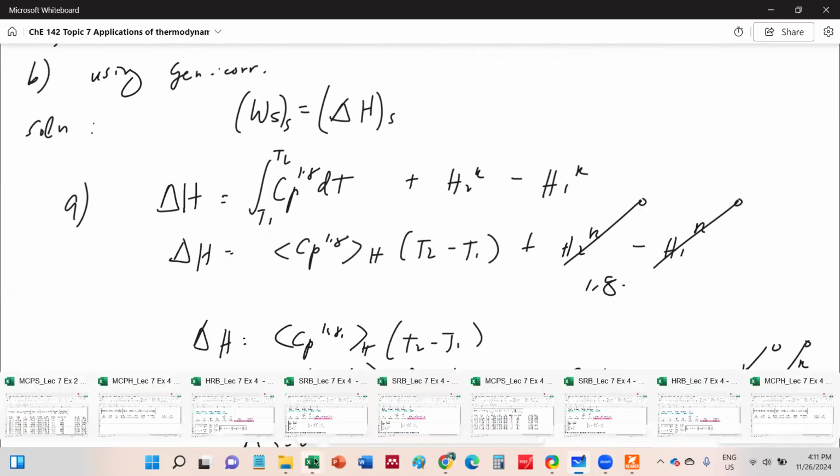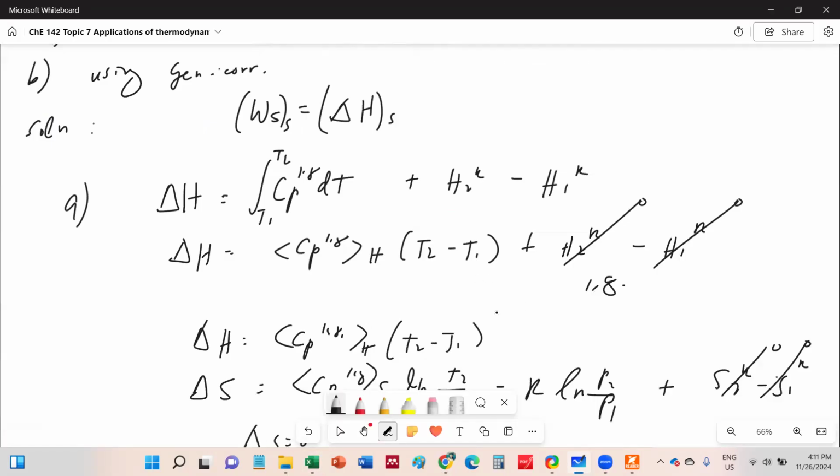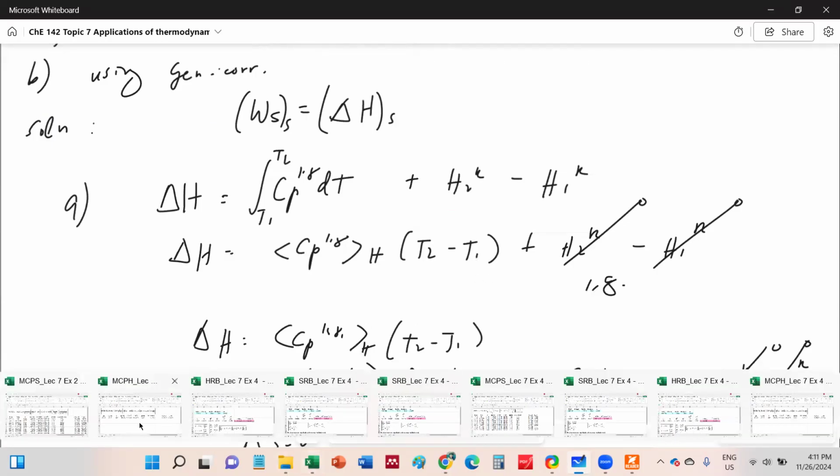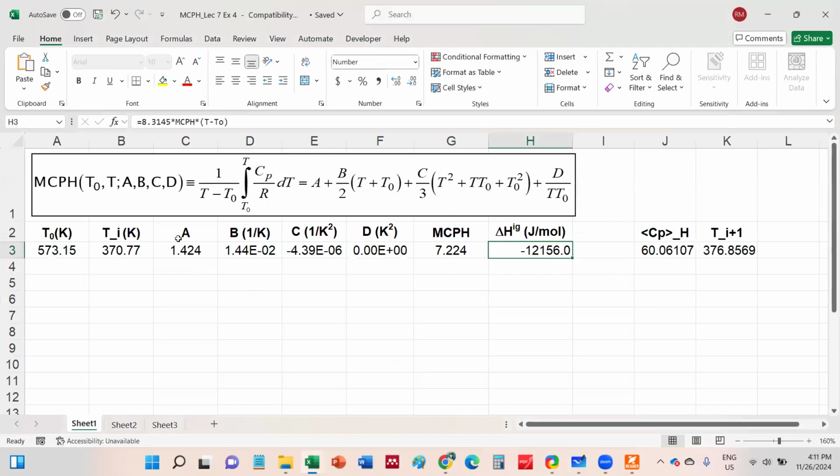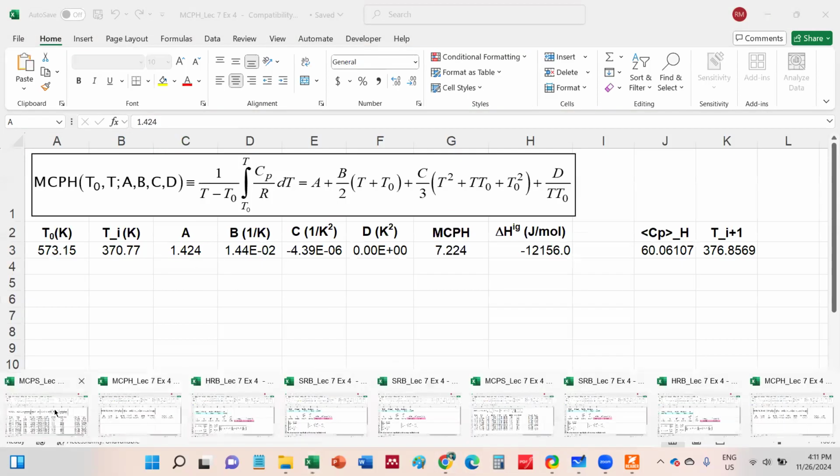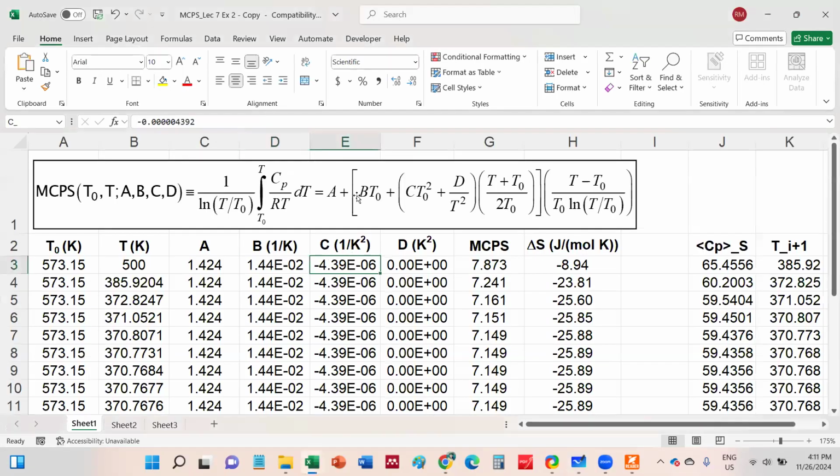So what you can do if this is a homework, you can use the calculator by the book. Also, by the way, I forgot to mention these coefficients are from the appendix, just like the MCPS. So these are from the appendix for ethylene.